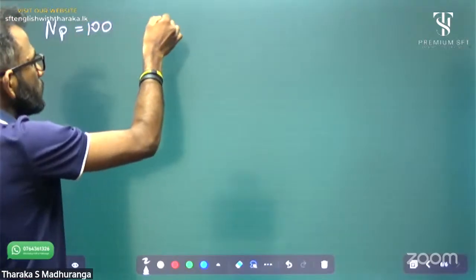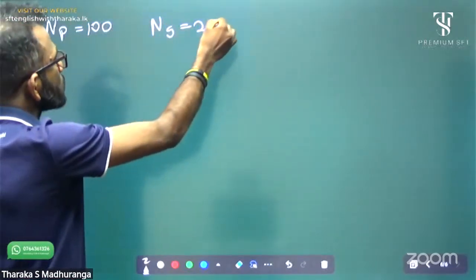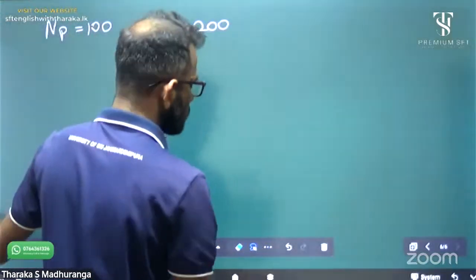Ns, the secondary number of turns, equals 200.